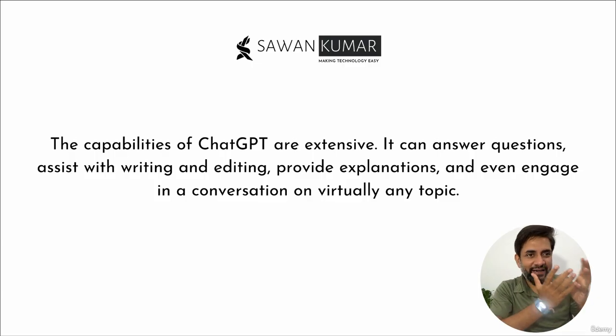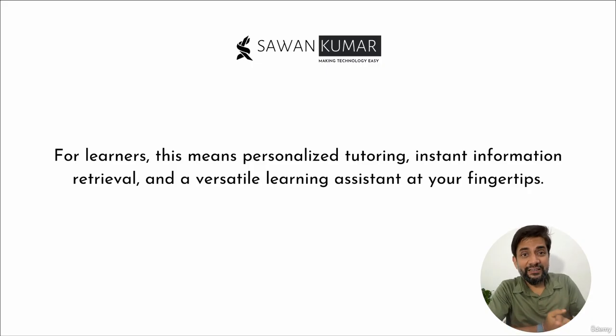So right from a kindergarten student, a kid, to an engineer or a scientist, ChatGPT can engage into conversations and give you relevant outputs. For learners, this means personalized tutoring, instant information retrieval, and a versatile learning assistant at your fingertips. Yes, that's so true about ChatGPT.